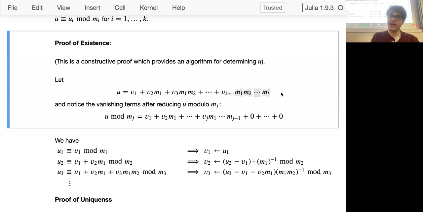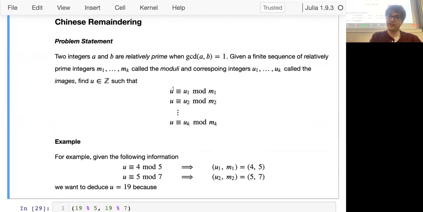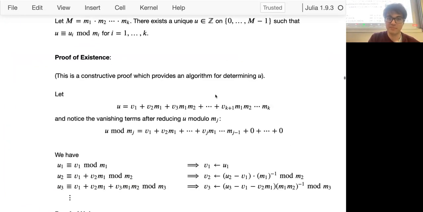So here's the setup: the subscripts on u are the images, the subscripts on m are the size of the residue class, and u is the original number.